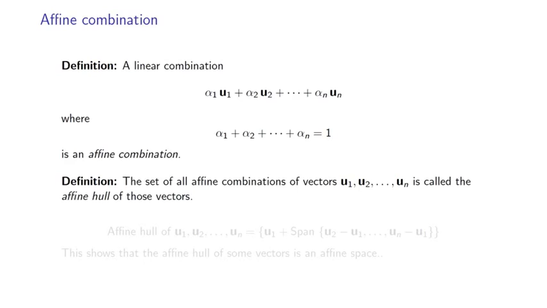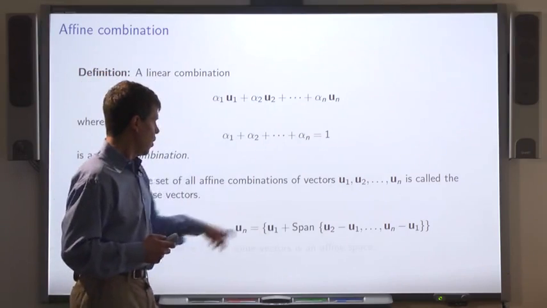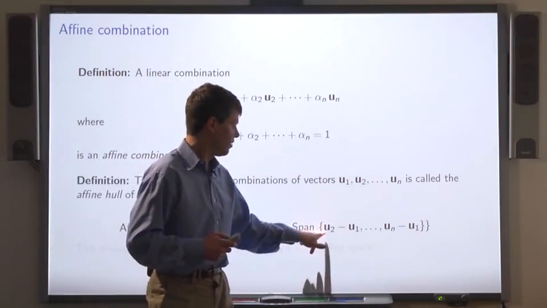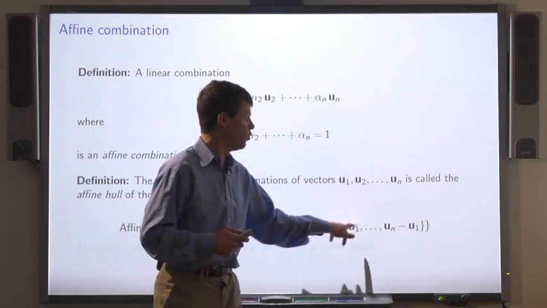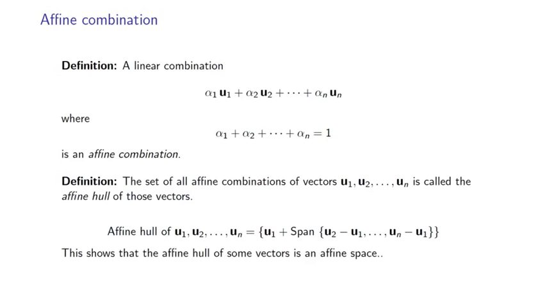So using the same argument as before, we can see that the affine hull of u1, u2, and so on up to un can be written as u1 plus the span of all these vectors, u2 minus u1, u3 minus u1, and so on up to un minus u1. So this shows that the affine hull of vectors is an affine space.